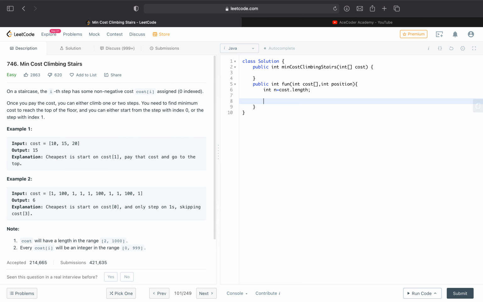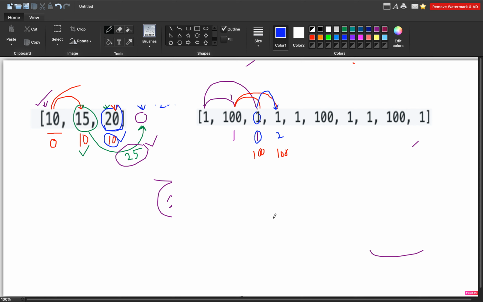So what else is required? Now we have two options from any index: we can jump to +1 or +2.